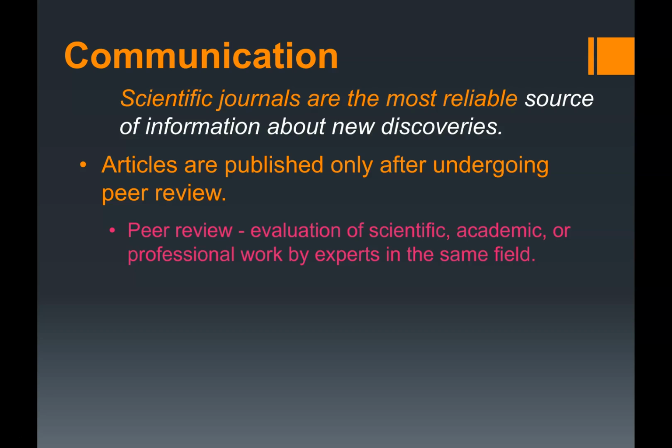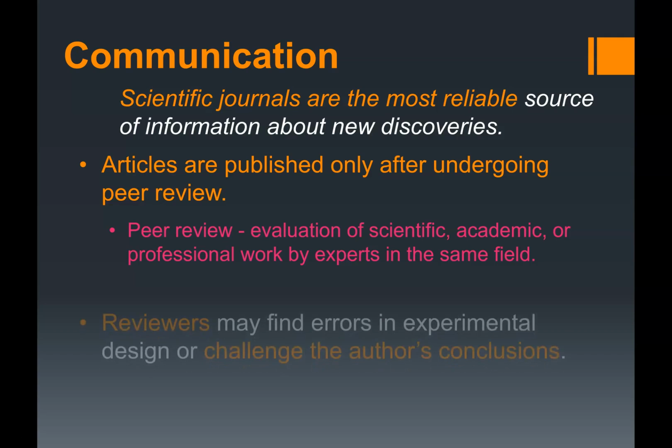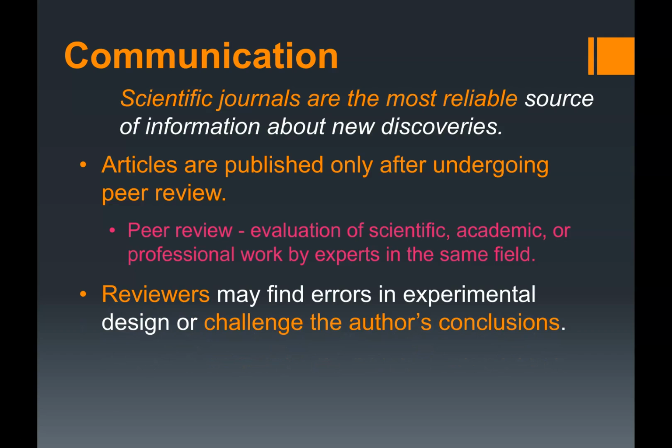That means if you've done an experiment and you want to publish those results, you have to have your research criticized by experts. Your reviewers might find errors in your experimental design, and they often challenge your conclusions. So you have to be really sure of your research before you try to publish your information.